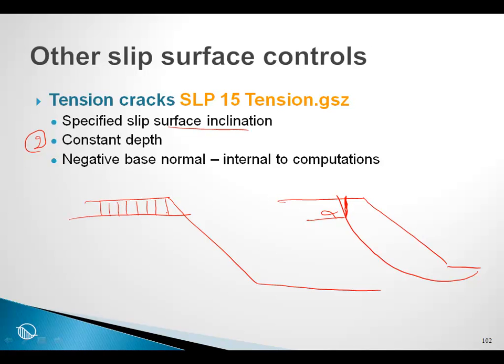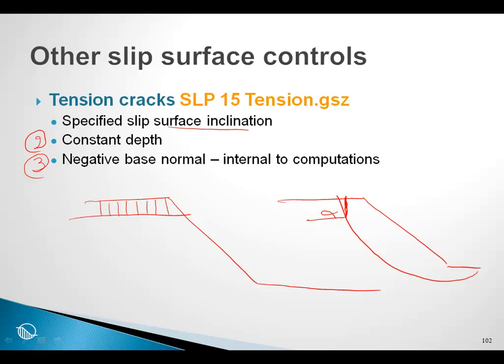There is a third way in SLOPE/W, but we recommend that you not rely on this method. When we first thought of this idea, it seemed like a good idea, but later we changed our mind about this option, and as of the current version, we recommend that you not use it.